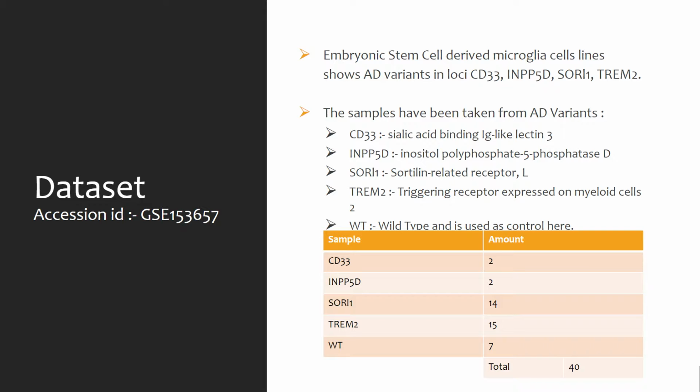Now, the study has been done by a group of scientists, and they have published their dataset with the accession ID as given in the slide. In that accession, they have taken several samples of some of the Alzheimer's disorder variants which are present on the loci CD33, INPP5D, SORL1 and TREM2. So what are these?